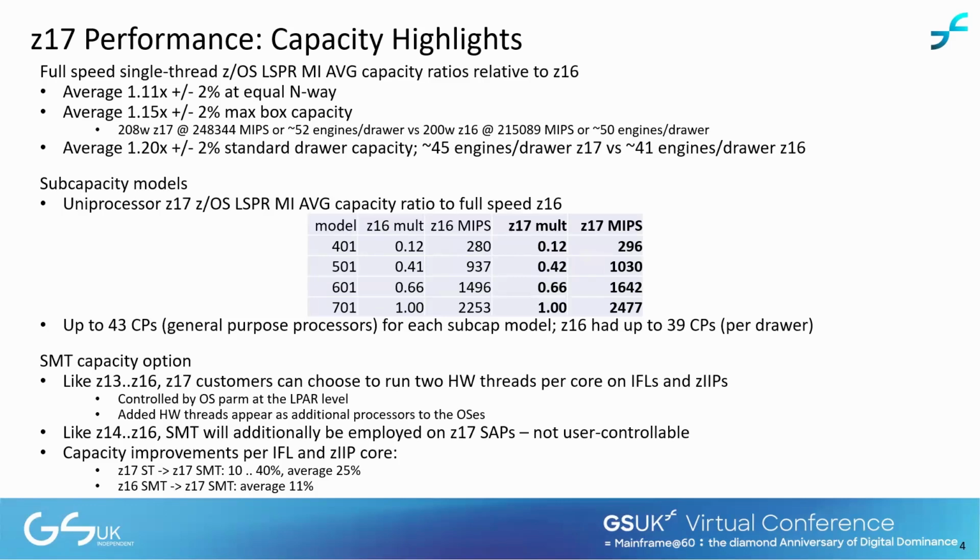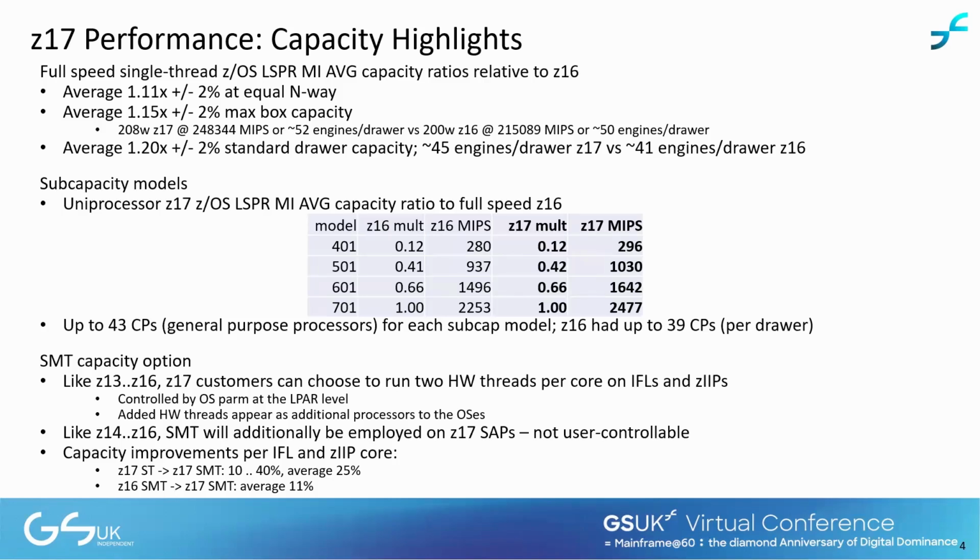And there are 2 ways to look at SMT2 capacity. Either I'm on Z17 running single thread and I flip the switch to run on Z17 with SMT2, in which event I can expect each of my engines to gain about 10 to 40% additional throughput, with the average being about 25% additional throughput.